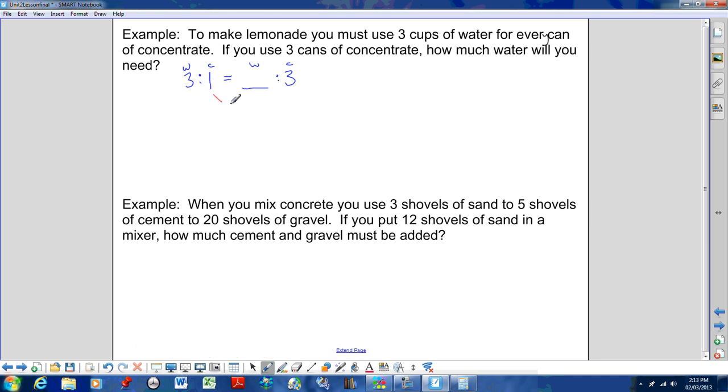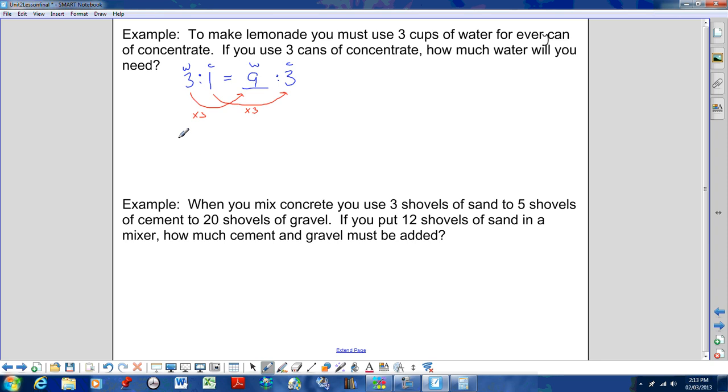My concentrate, how much more concentrate am I putting in? It's actually triple the potency. So that means that if I'm going to put 3 cups of concentrate in, I got to put 3 times as much water in. So if you're taking any cooking course this semester or in the future, you need to be able to adjust recipes, and that's one of the applications that are involved here.